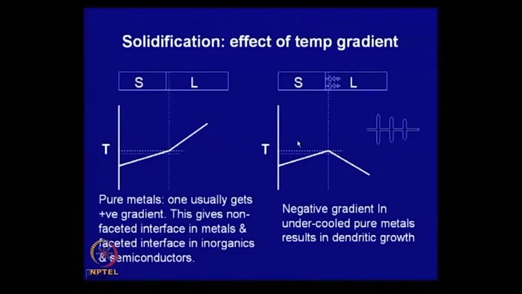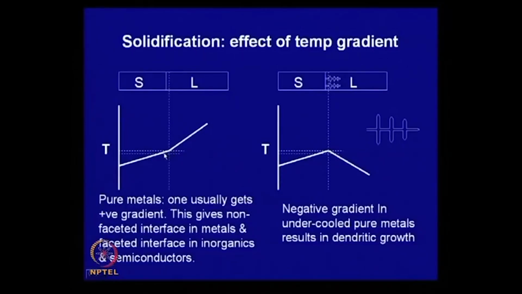Now, in case of a simple pure metal where there is no transformation, we can think about 2 kinds of temperature gradient. This temperature gradient is important because it determines the rate of heat flow or heat extraction through conduction. In one case the gradient is like this, so that the liquid is at a higher temperature, higher than the freezing temperature, and solidification starts when there is a little amount of supercooling.